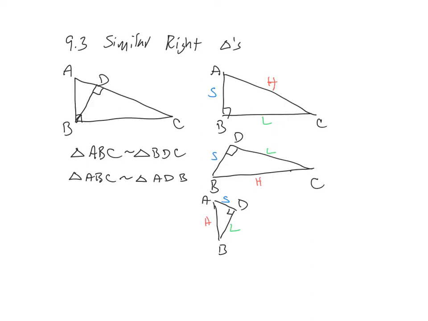Or you could do it going down the short side: AB is the short side, so on this one AD is the short side, and then you go to the B. That big one is similar to the other two, but the bottom two are similar also. So if I did triangle BDC, going down the short side, over here it's going to be A, D, B again.